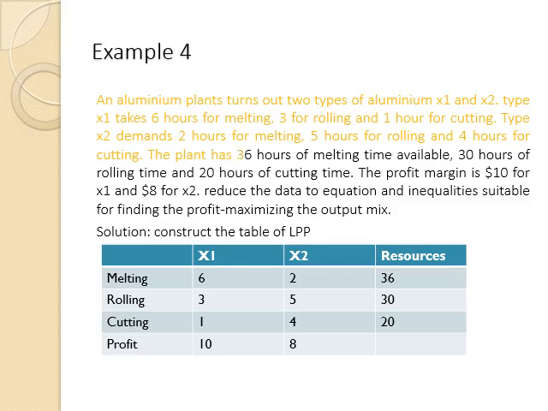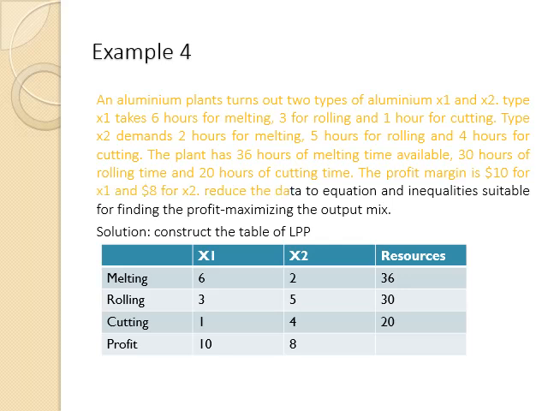The plant has 36 hours of melting time available, 30 hours of rolling time available, and 20 hours of cutting time. The profit margin is $10 for x1 and $8 for x2. Reduce the data to equations and inequalities suitable for finding the profit maximizing output mix.